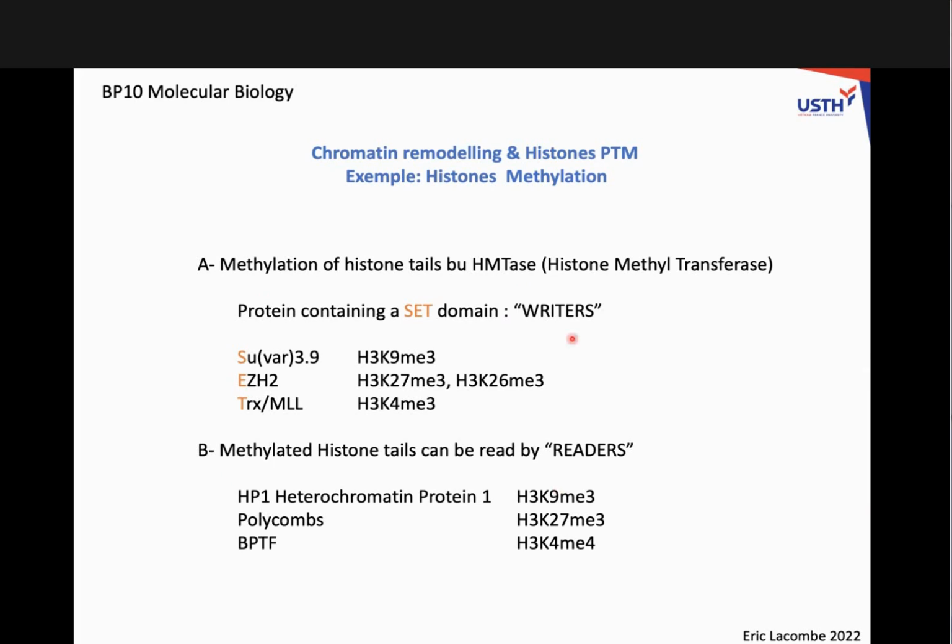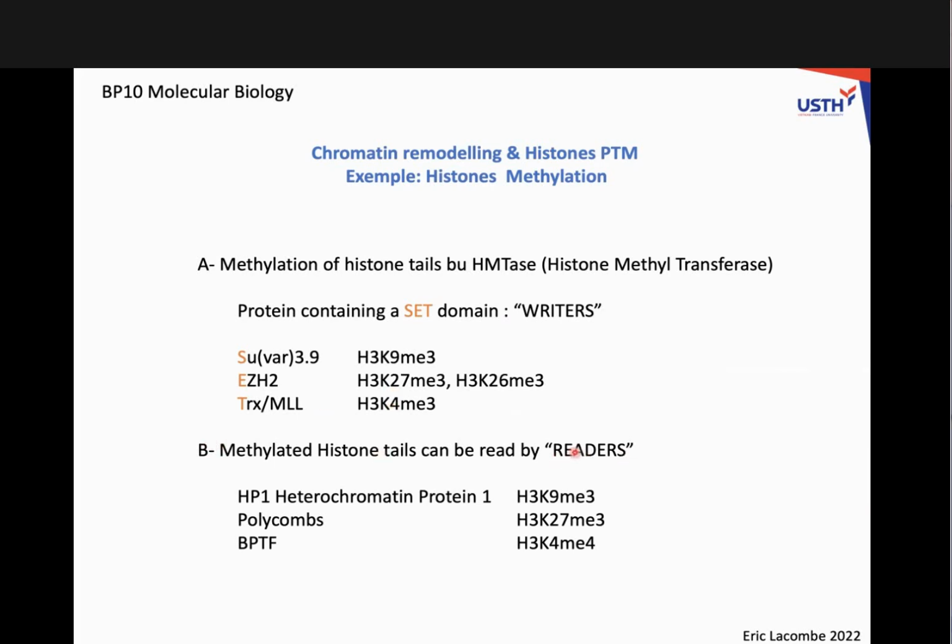So forget about this slide. For methylation, like for acetylation, it is done through histone methyltransferases, exactly the same as histone acetyltransferases. There are different ones. They can transfer a methyl group onto different lysines, okay?